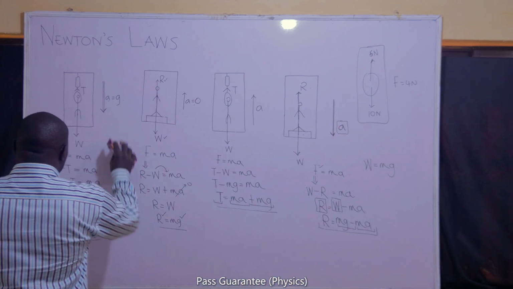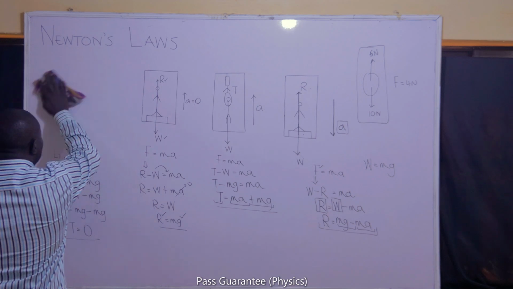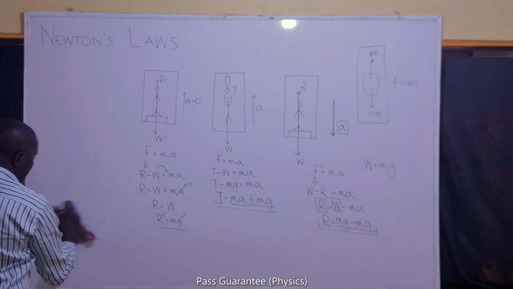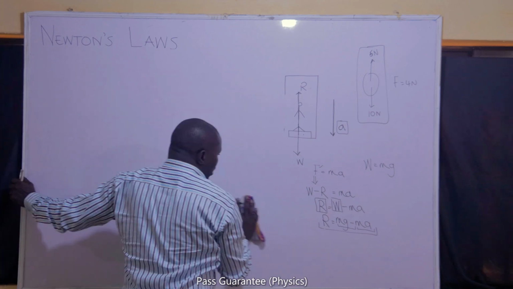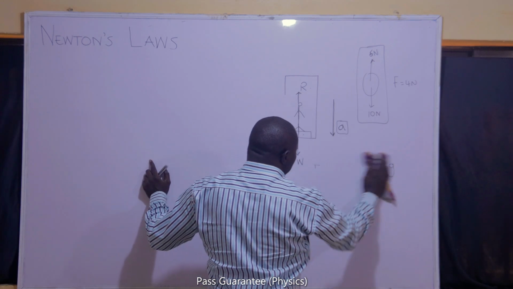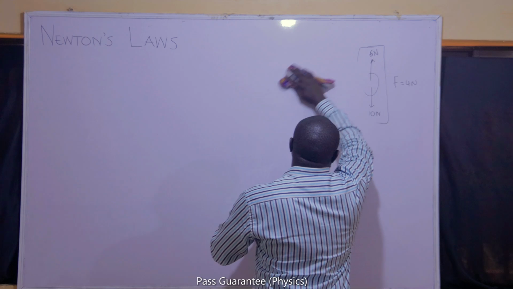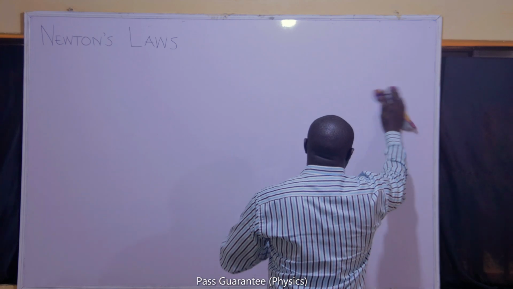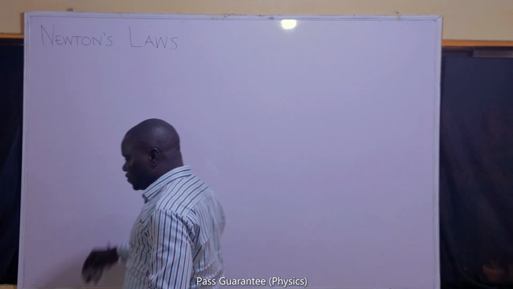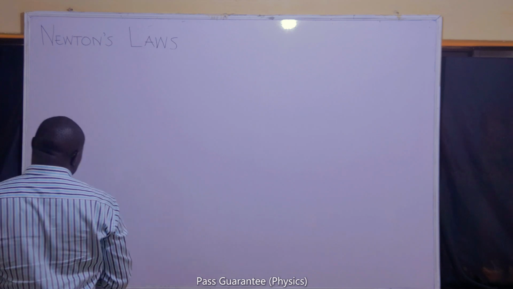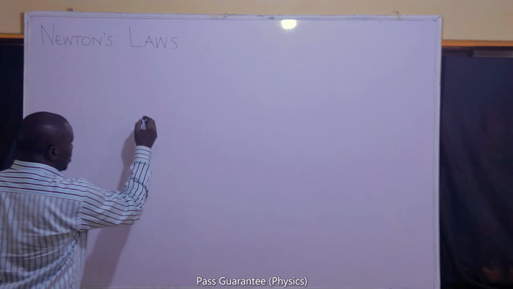We'll move on to another application of Newton's law, the recoil of a gun. I want you to check those very good American thriller movies where you have your snipers shooting the gun.